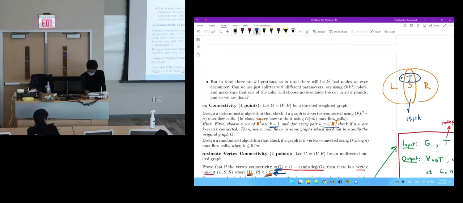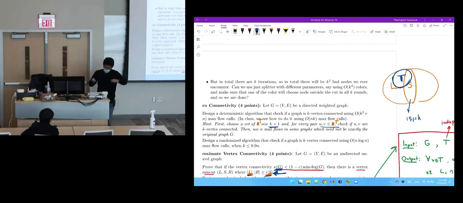No, because otherwise these two nodes would have min cut less than K. So we know T will be either here or here. So T is on L union S or S union R. Let's assume it's the first case.